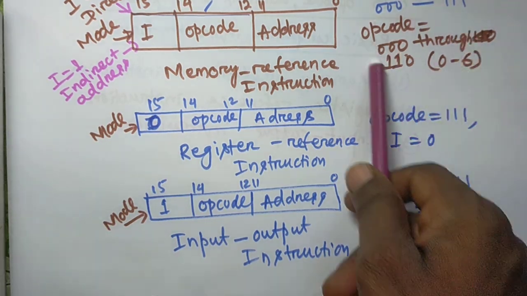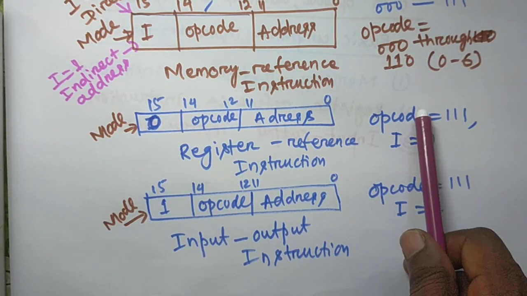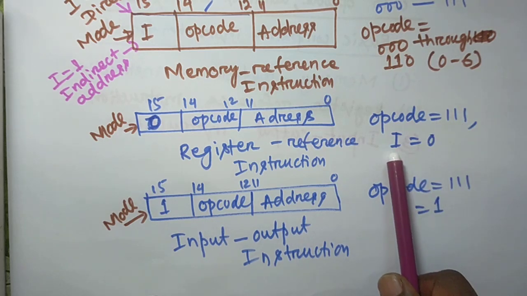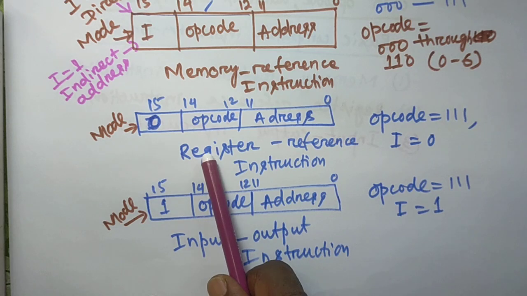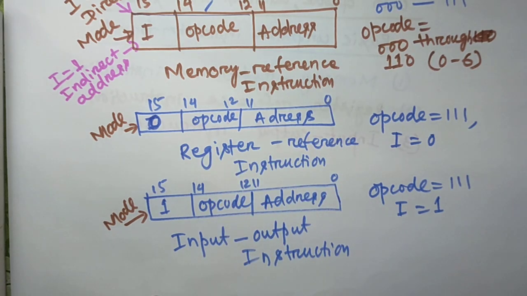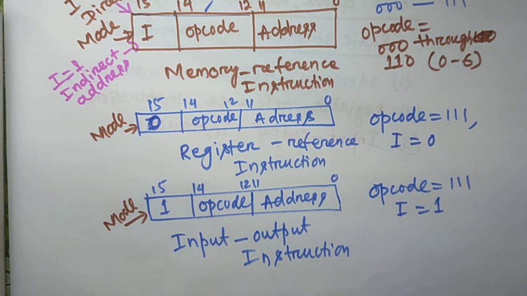If this is not the case and only the opcode is 111, it has two parts. If the opcode is 111 and mode I is equal to 0, then we call it a register reference instruction. If the opcode is again 111 and the mode is 1, then we call it an input output instruction.